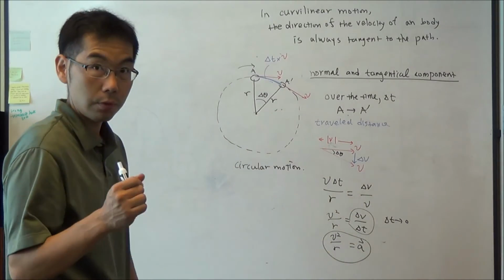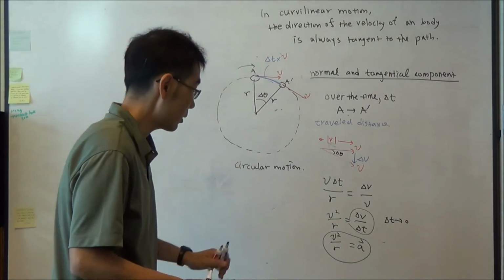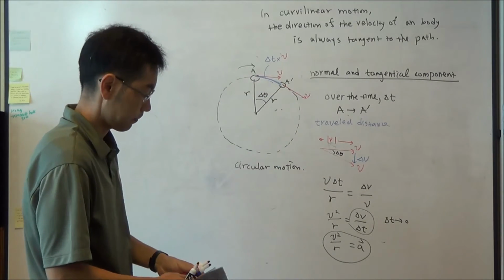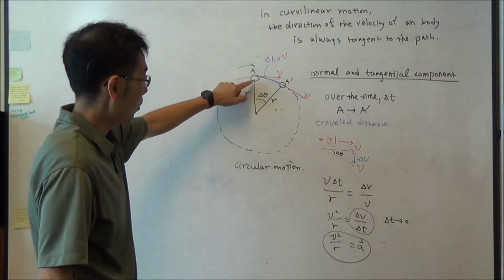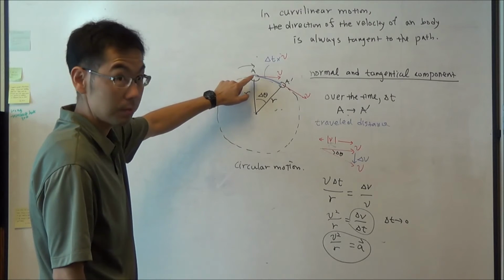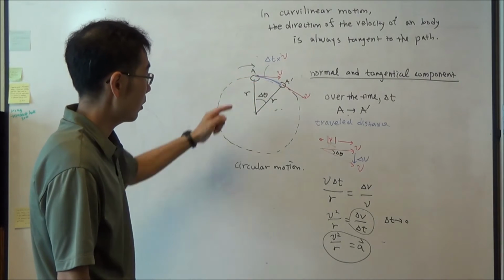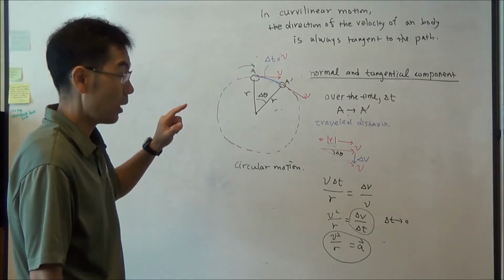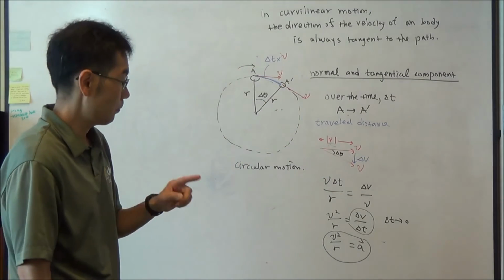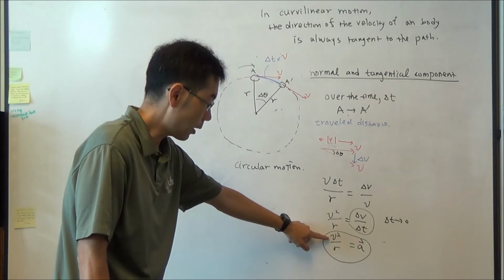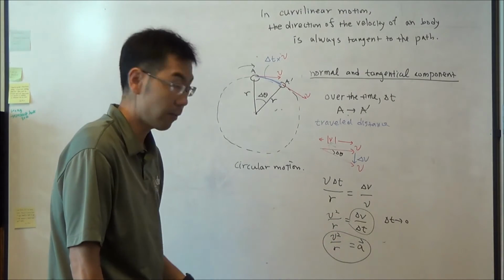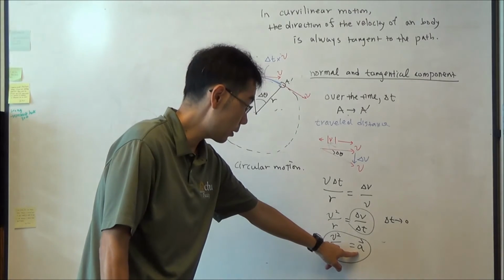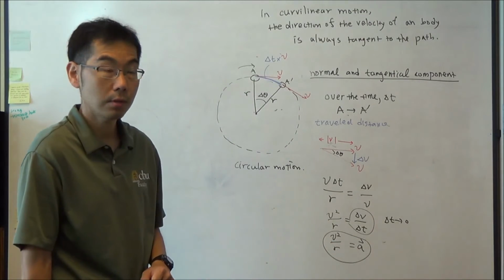So now you know that in circular motion, when a rigid body has velocity along the tangent to the path, the acceleration of that point can be represented by v squared over R. And what's the direction of the acceleration?